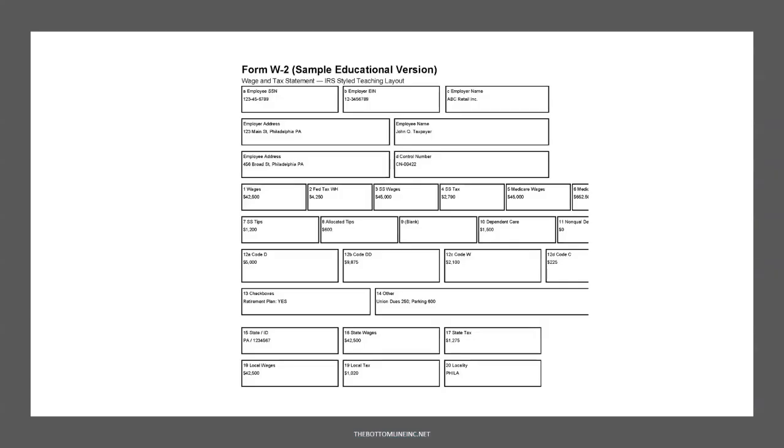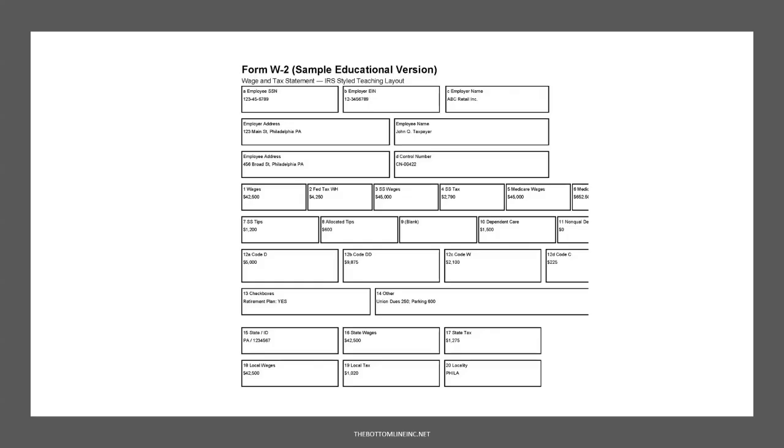So a W-2 can be pretty intense. This is our W-2 again. If you look at it, you're going to have the employee's Social Security number, the employer's identification number, their EIN, the employer's name, here it's ABC Rental Inc., their address, the employee's name, John Q. Taxpayer, his address.